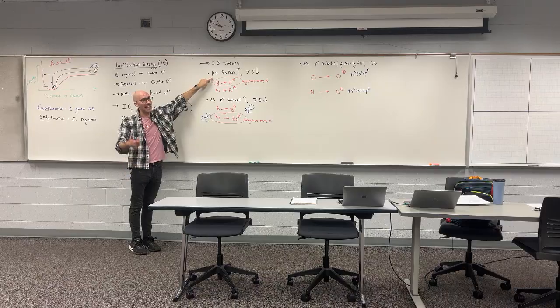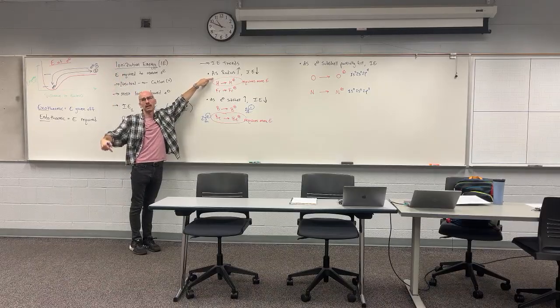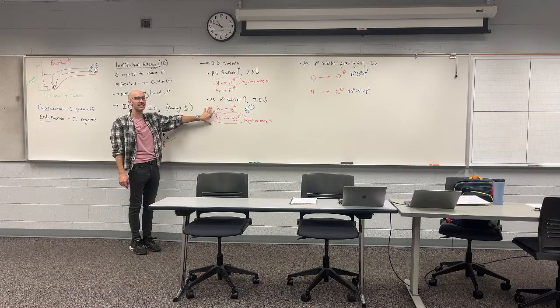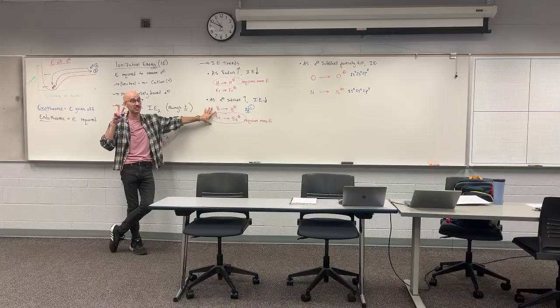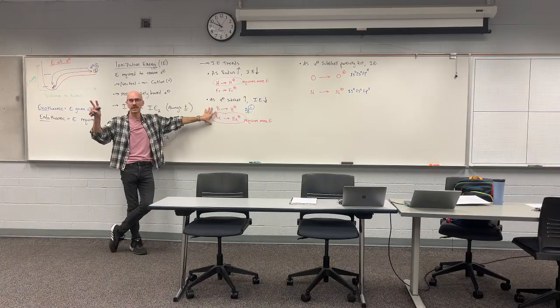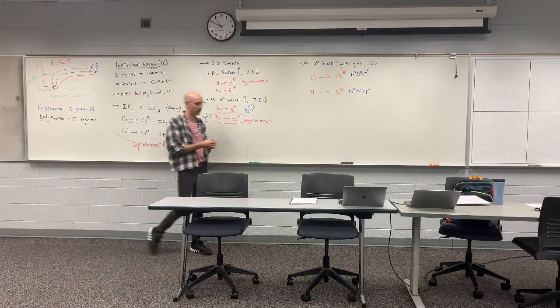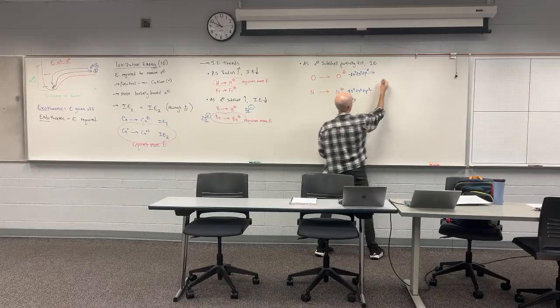We could have said as shell energy increases, ionization energy decreases. Are we pulling from a different subshell? We're pulling an electron from the 2p subshell. We're pulling an electron from the same shell and the same subshell. So this is not enough information for us. We need to transform this a little bit.